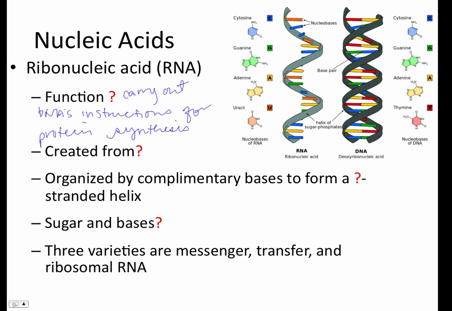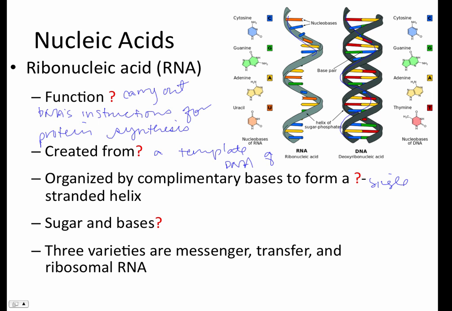Okay, and because of that, it's going to have a complementary strand to one of the alpha helices of DNA. It's created from a template of DNA. It's organized by complementary bases to form a single-stranded helix.